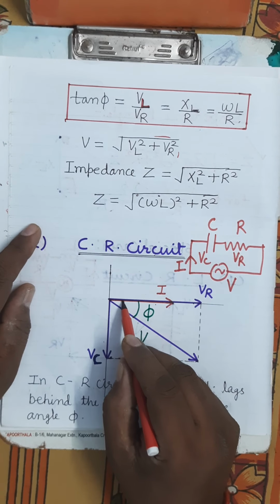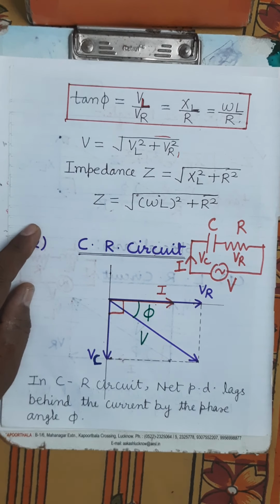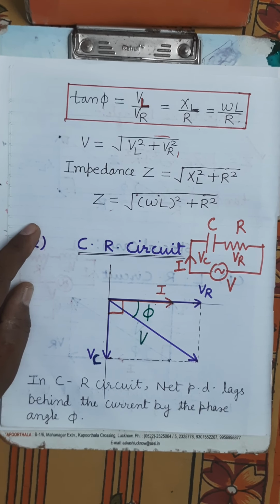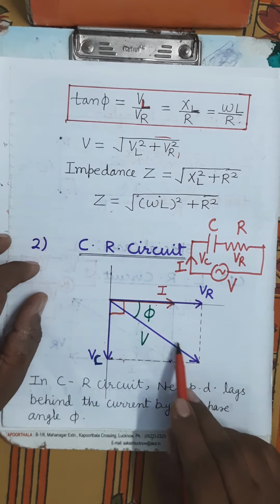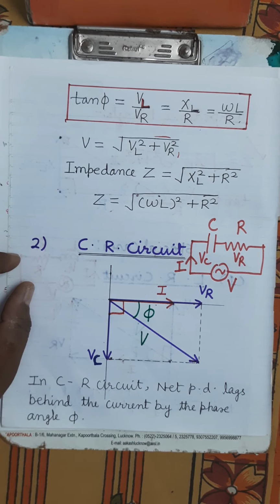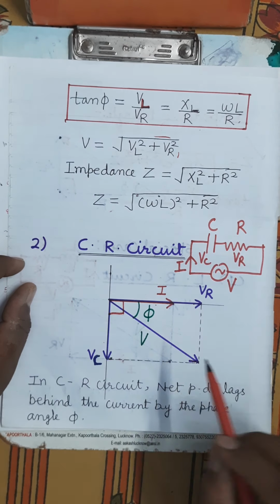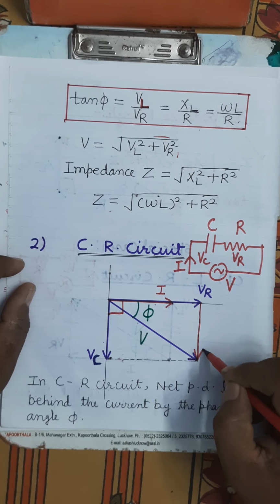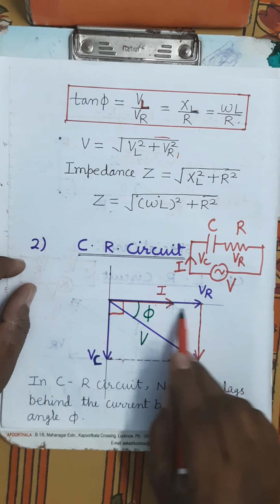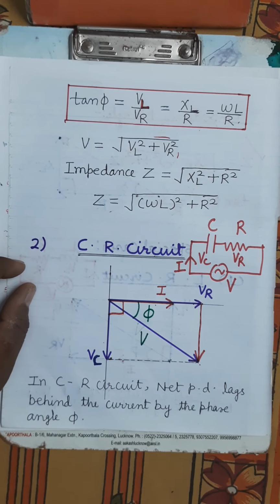VC is lagging behind the current by a phase angle of 90 degrees. The resultant of VR and VC can be found by completing the parallelogram. So V squared equals VR squared plus VC squared.